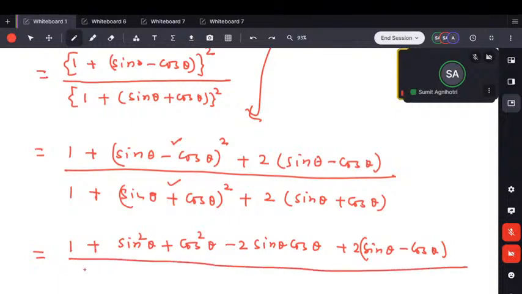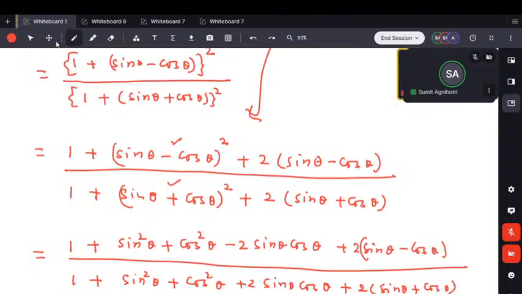Similarly, in the denominator we have 1 plus sin square theta plus cos square theta plus 2 sin theta cos theta and plus 2 times sin theta plus cos theta.